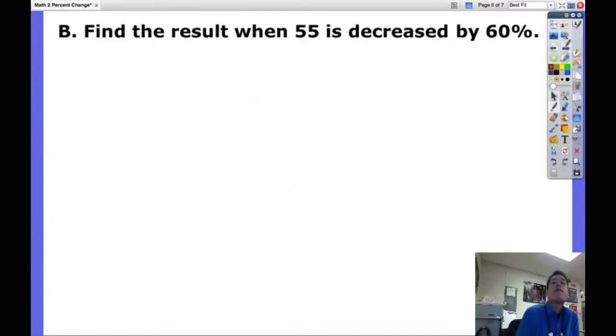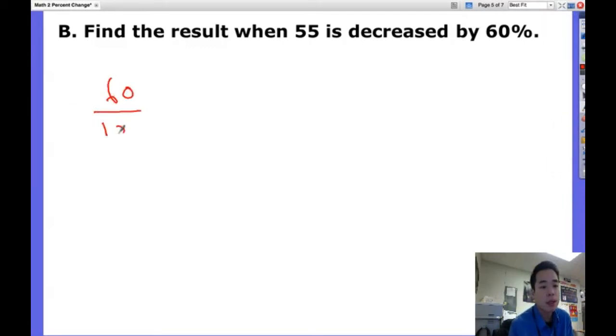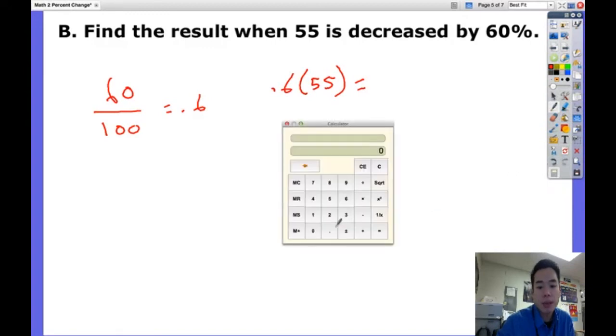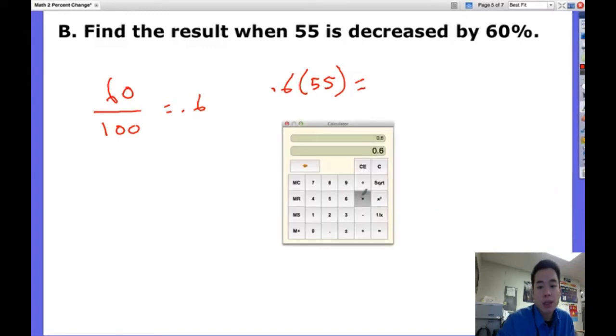Find the result when 55 is decreased by 60%. Same setup. Immediately take 60%, put it over 100, which is equal to 0.6. And then I'm going to take 0.6 and multiply by 55. So going back to my calculator, I get 0.6 times 55, and that's going to be 33. So now it's decreasing, so I can't add it together.